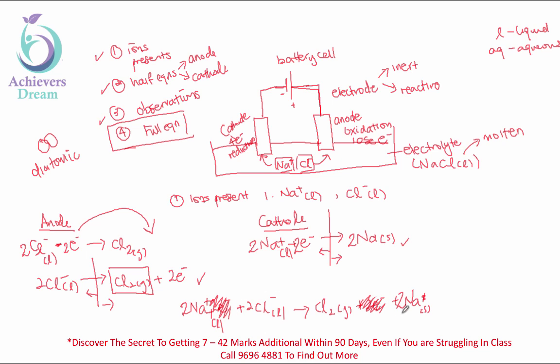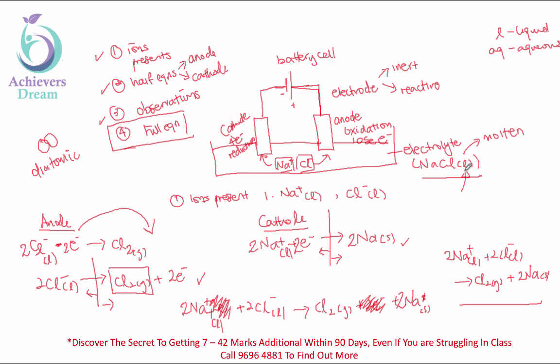So this will be your full equation: 2Na plus liquid plus 2Cl minus liquid gives you Cl2 gas plus 2Na solid. This is example 1 using NaCl liquid.